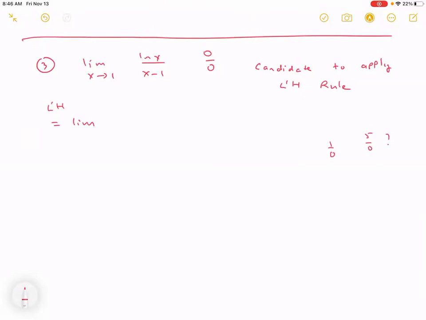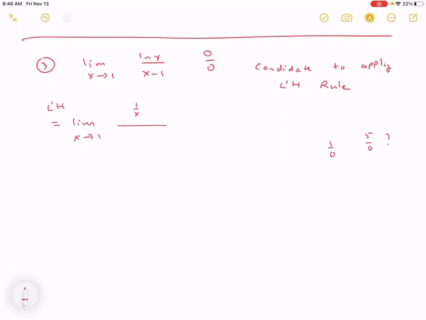The limit as x approaches 1. Tell me the derivative of natural log of x. Do you remember that? It is 1 over x, right?